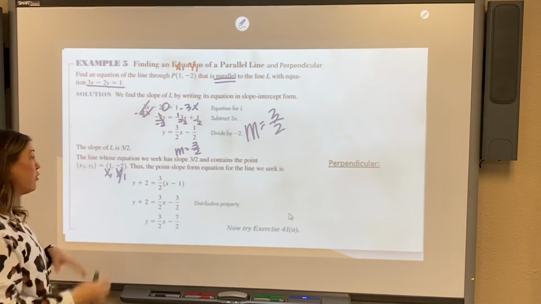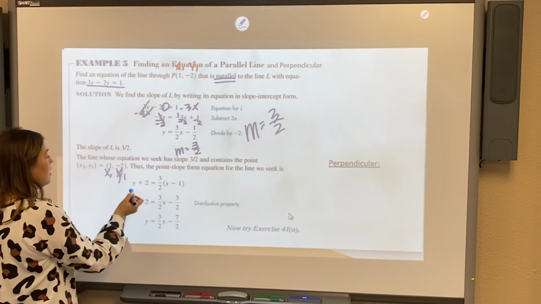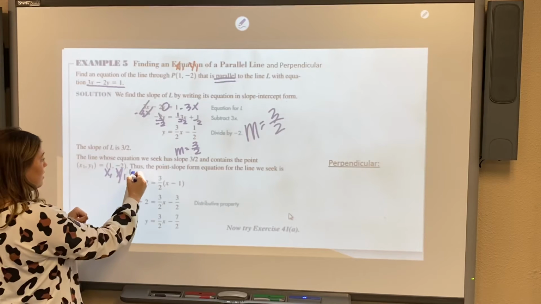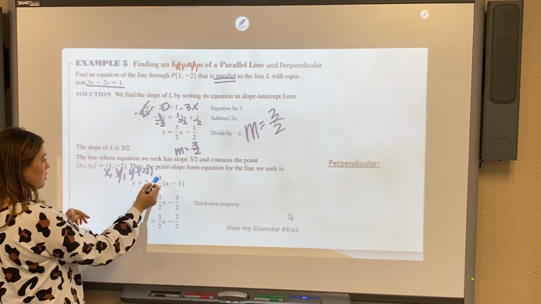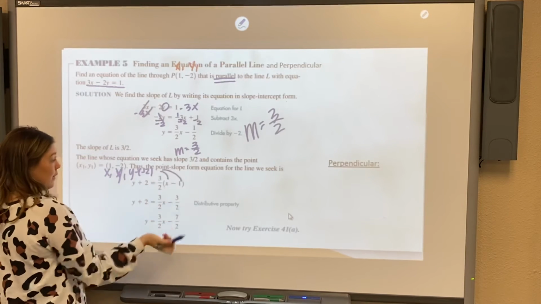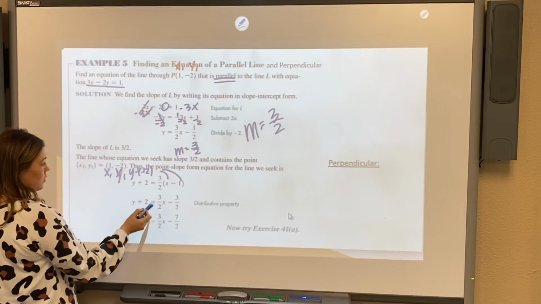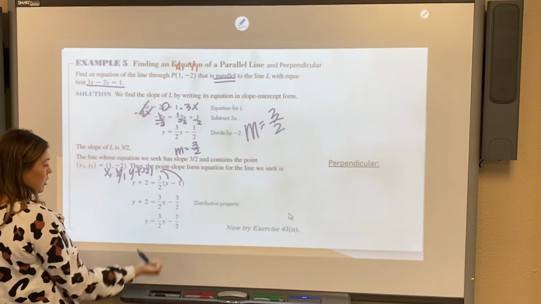So point slope formula, we have y minus y1 is equal to m times x minus x1. So y minus y1 gives us y plus 2 is equal to m, 3/2, times x minus 1. Now we distribute. Y plus 2 is equal to 3/2x, and then 3/2 times -1 would be -3/2.